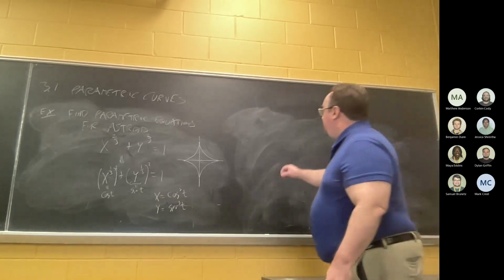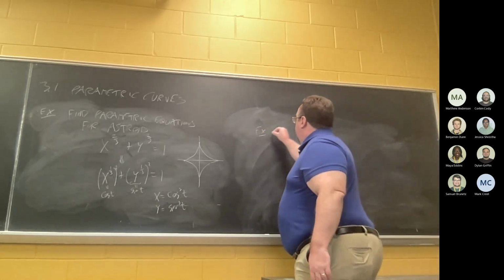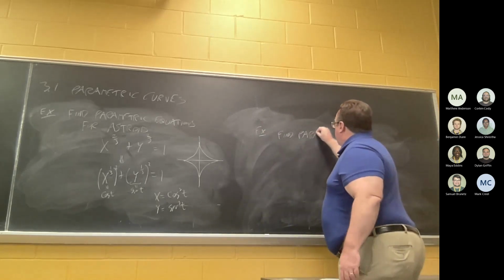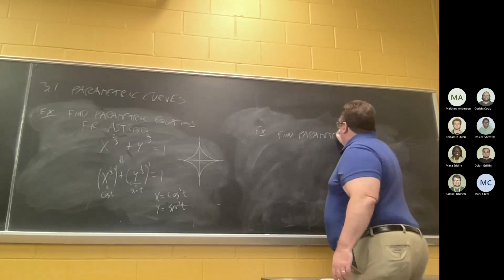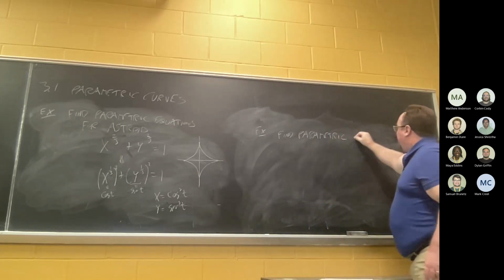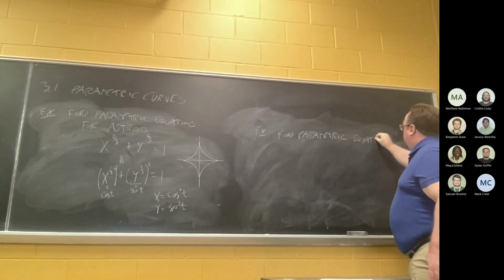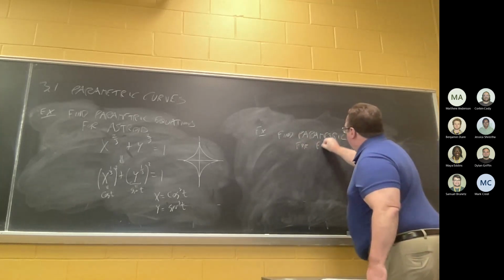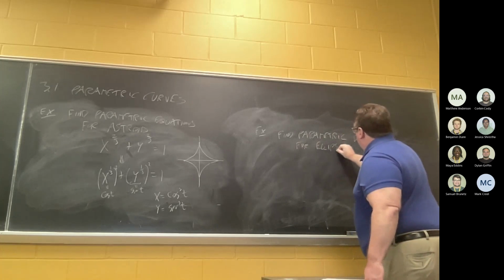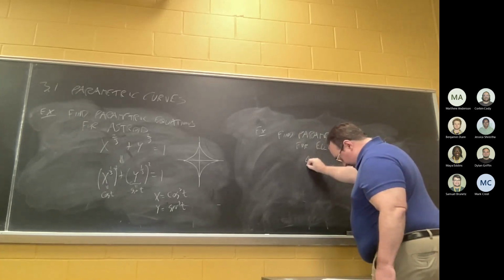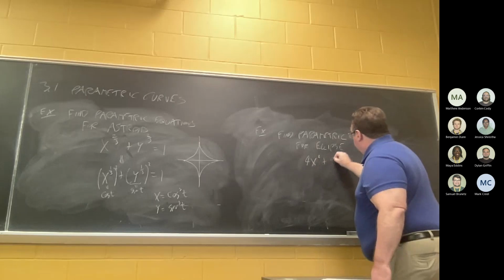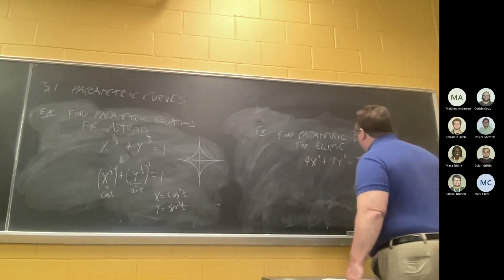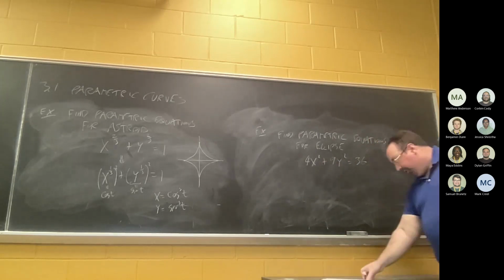Then I could try that same approach on this next example. Find parametric equations for this ellipse: 4x squared plus 9y squared equal to 36.